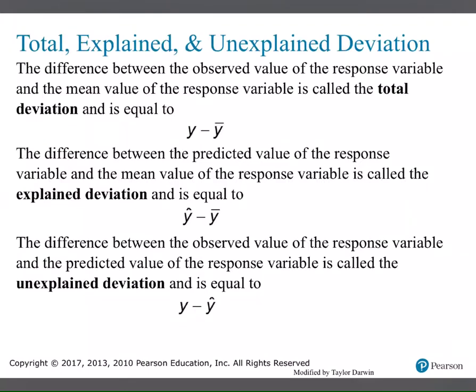The first thing you need to know is that the total deviation is your y minus y bar, so your y minus your average, basically. The explained deviation is y hat minus y bar, and the unexplained deviation is y minus y hat.